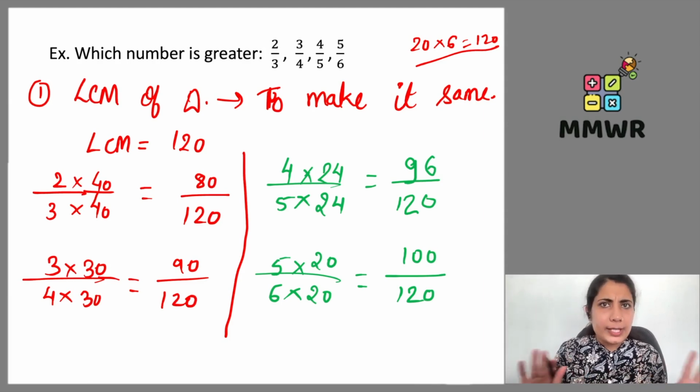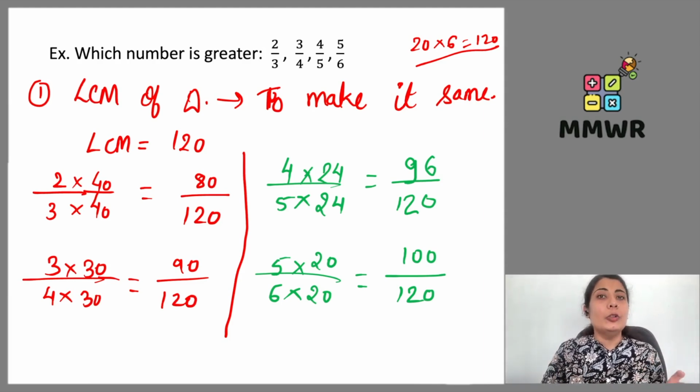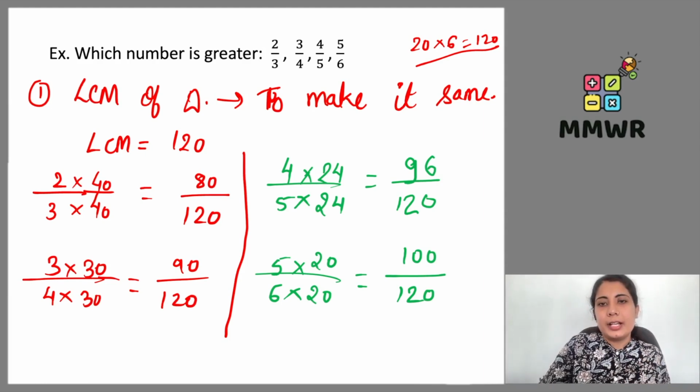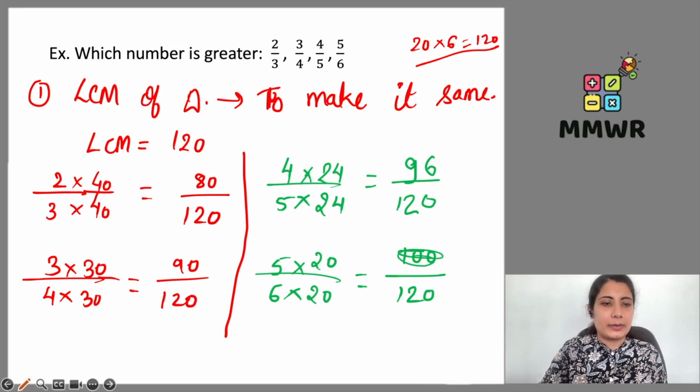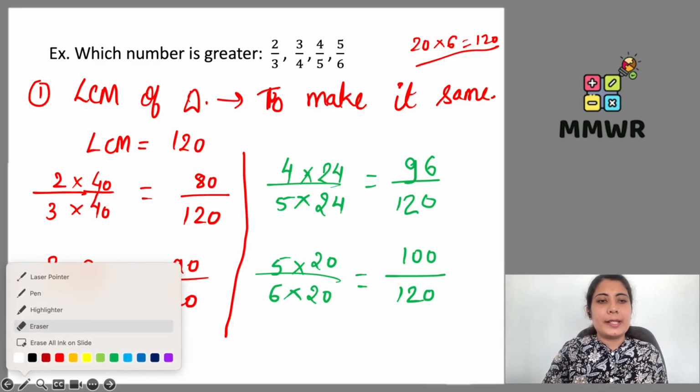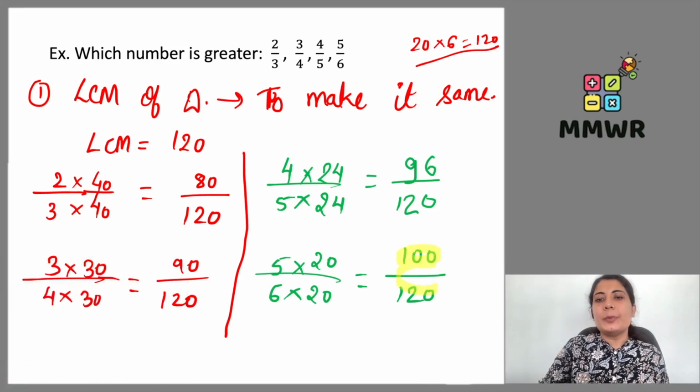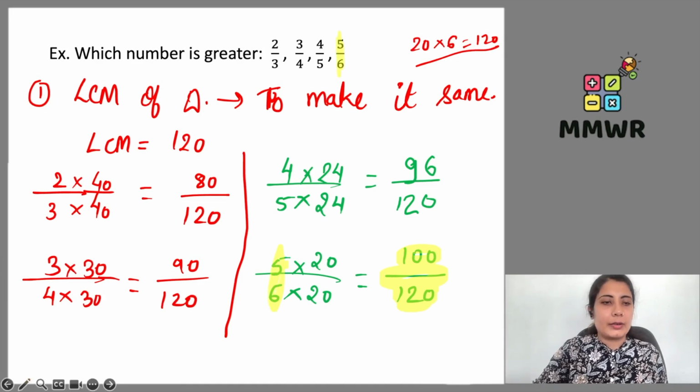So the denominator is fixed everywhere, 120. Now 80, 90, 96, 100. Of course, 100 is the greater one. Yes, 100 is the bigger one. So this is the bigger fraction, 100 upon 120. That means 5 upon 6 is going to be the bigger one, right?